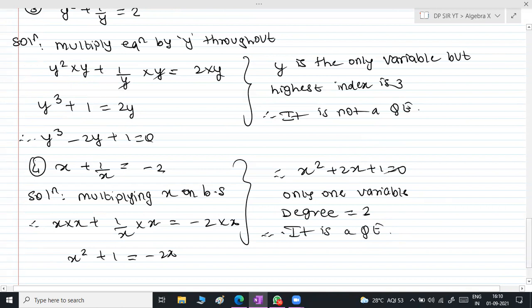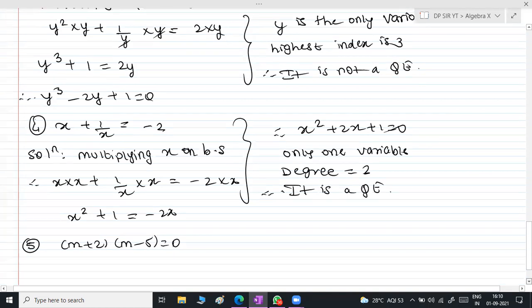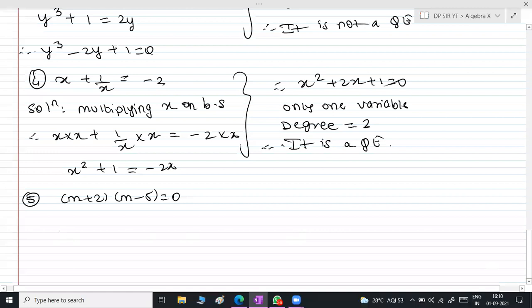And now let's go ahead with question number 5. The topic is going to be very easy, don't worry. Question number 5 is m plus 2 and m minus 5 is equal to 0. Okay, so here it's going to be m into m minus 5 plus 2 into m minus 5 is equal to 0. Sorry, if you are opening this bracket, open like this.